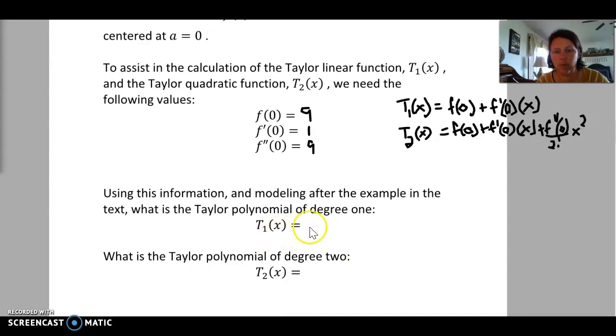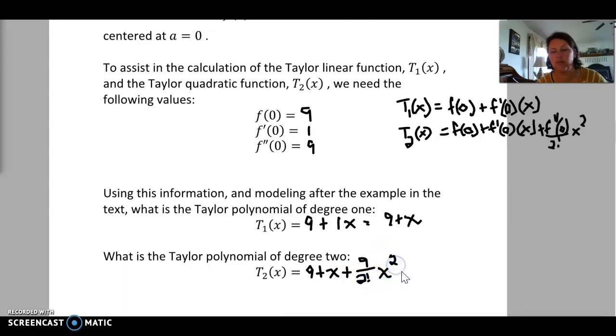So t sub 1 is going to be equal to f of 0, which is 9, plus f prime of 0, which is 1, times x. So 9 plus x will be t sub 1. T sub 2 is going to be what we found for t sub 1, which was 9 plus x, plus f double prime of 0, which we found to be 9, over 2 factorial times x squared.